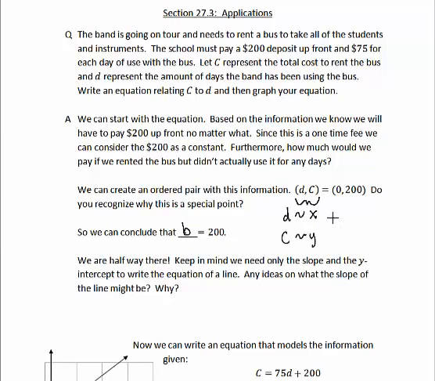And at the same time, we're saying that c, cost, depends on days. And that makes sense. Okay, the more days that we use the bus, the higher the cost. Okay, so with these type of problems, we usually home in on the flat rate fee, and we use it for our y-intercept.